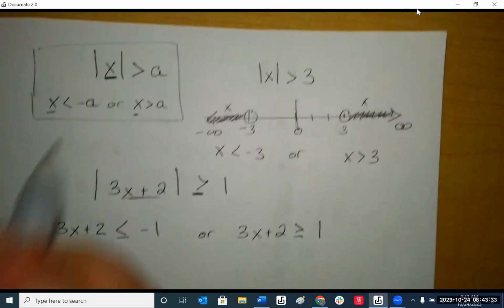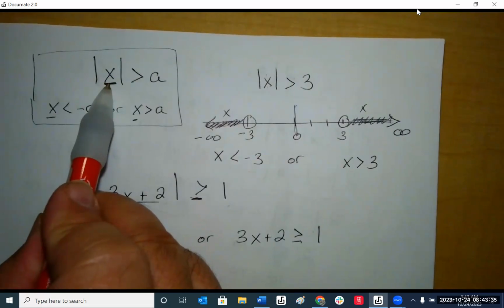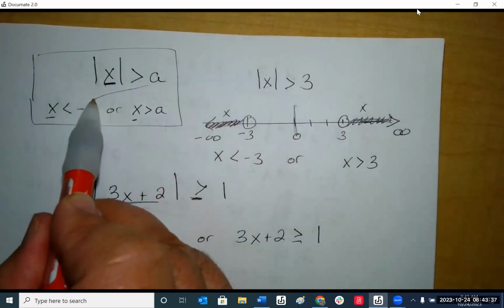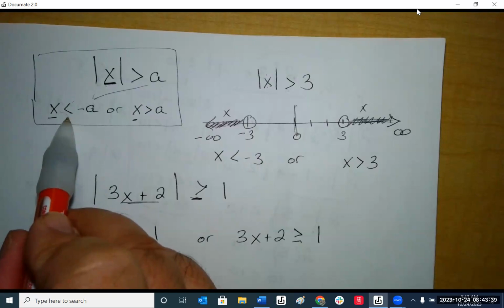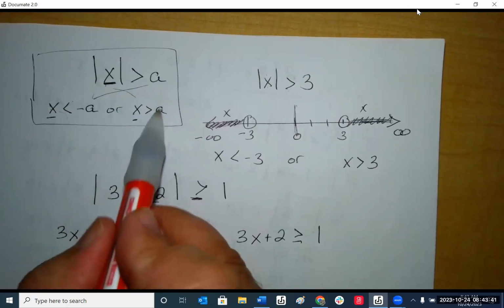And that's all it tells us: whatever's inside the absolute value sign, on this side, it's going to be negative if it's less than, and then this side, it'll be what it is.